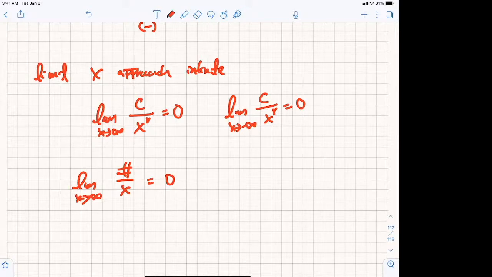Do you guys understand why it's going to 0? Just think about it as 1 over 2, 1 over 3, 1 over 4, 1 over 5, 1 over 1,000, 1 over 10,000, 1 over 100,000, 1 over 1 trillion. It's going towards 0. But it doesn't matter what the numerator is. It could be 9 trillion. I can have 9 trillion over 10 gazillion. I don't know if that's a number.